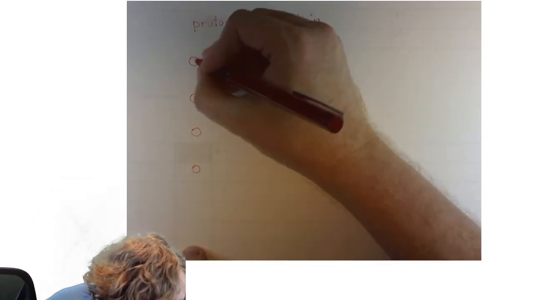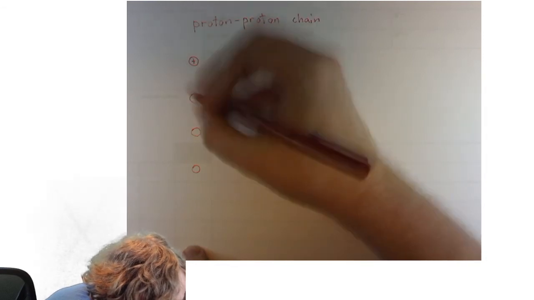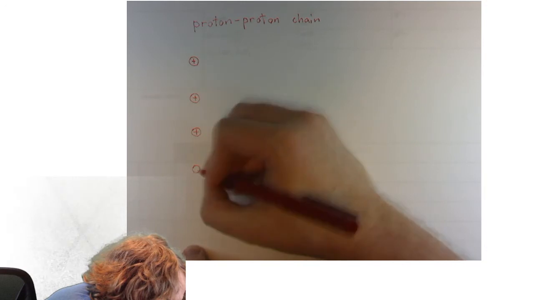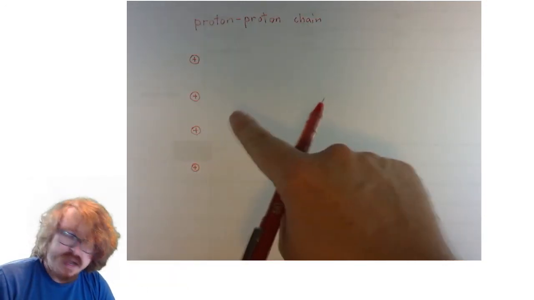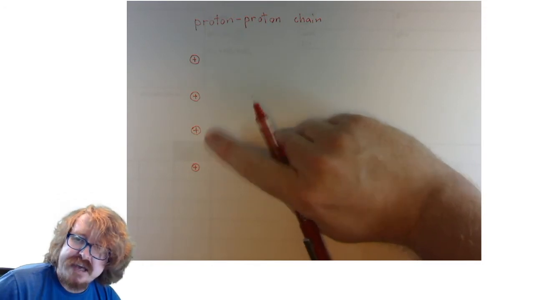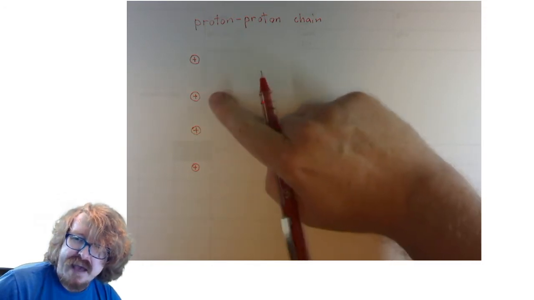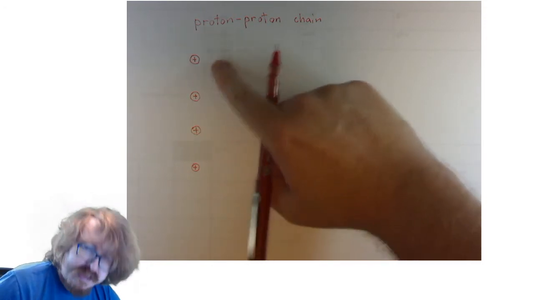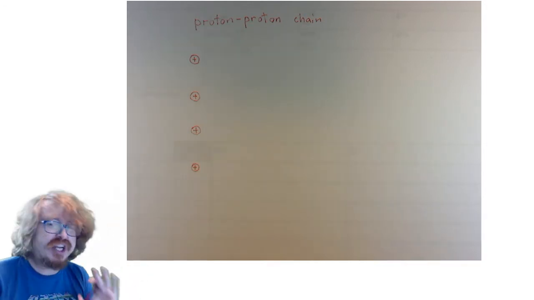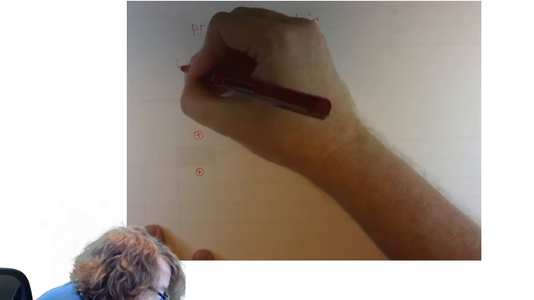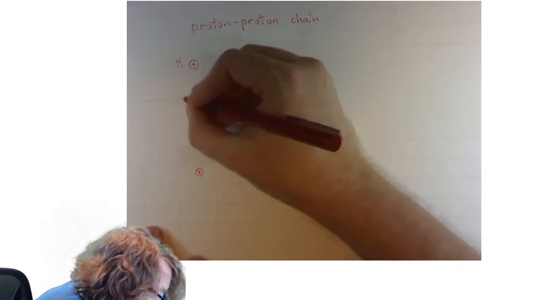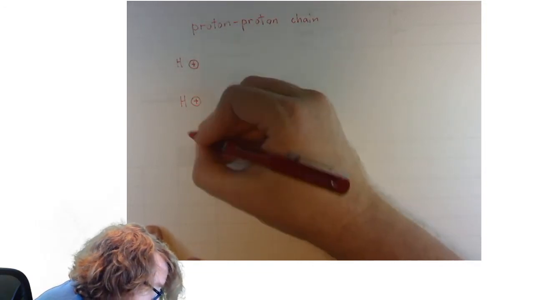And I'm going to put a plus on them, because that's our protons, right? So that proton is a hydrogen atom, that proton's a hydrogen atom, that proton's a hydrogen atom, and that proton's a hydrogen atom. Just so that we remember that they're hydrogen atoms, I'm also going to draw a capital H next to them. That's the symbol for hydrogen.